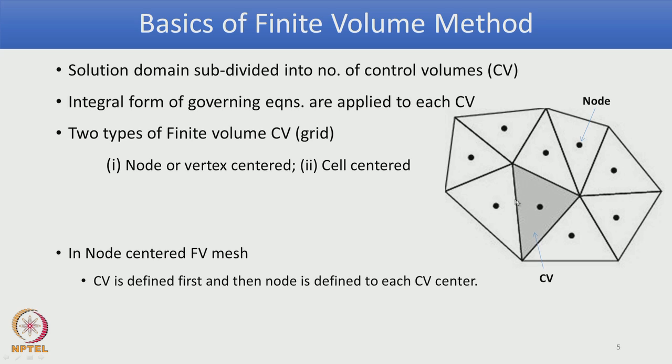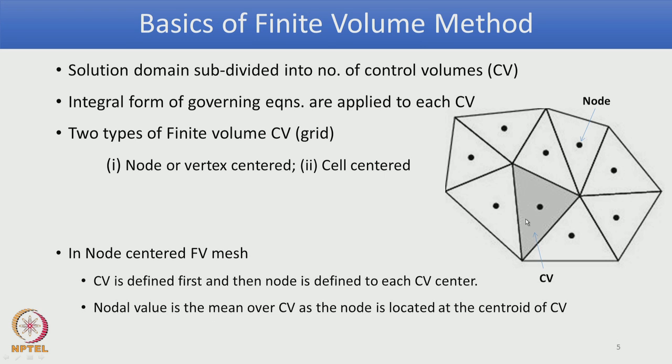If you look at this figure, the black filled dots that I am showing are nodes, and you construct a finite volume around that node such that this node is at the center of the control volume that you have considered. So, we define the CV, then we define the node. How do we define the node? They are all the mean of each face. This is what is known as a node centered finite volume mesh.